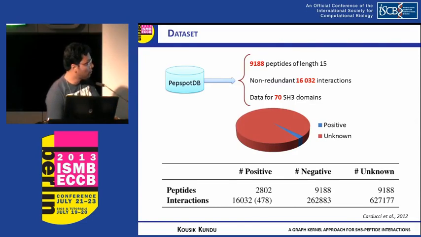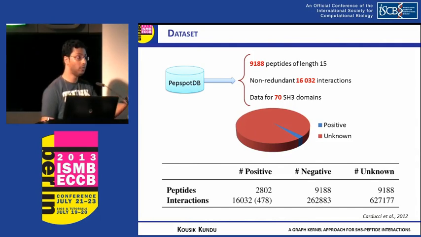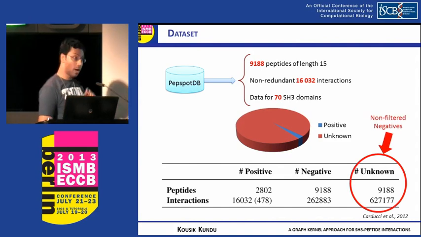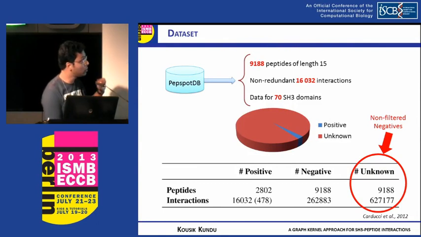So all of these are unknown. We label them as unknown because we are not sure. We also retrieved high confidence negatives; I'll come later to how we retrieved them. For the time being, assume the blue is positive because it is a positive interaction, and all the rest that we labeled as unknown, we consider right now as negative interactions.